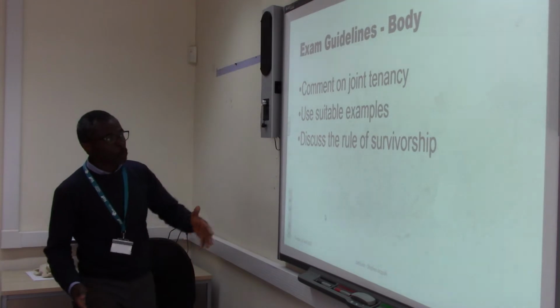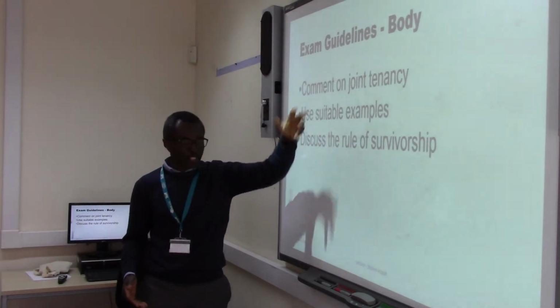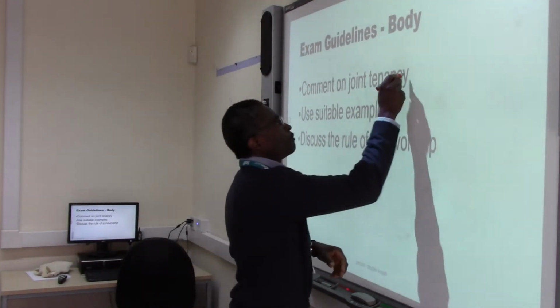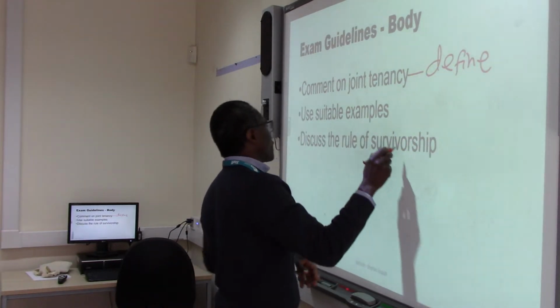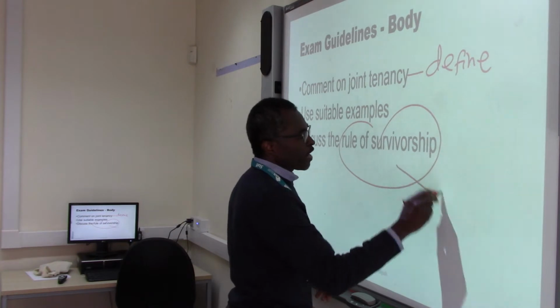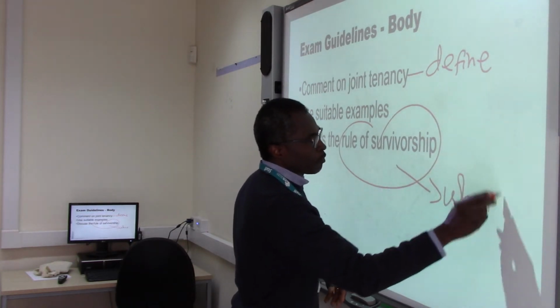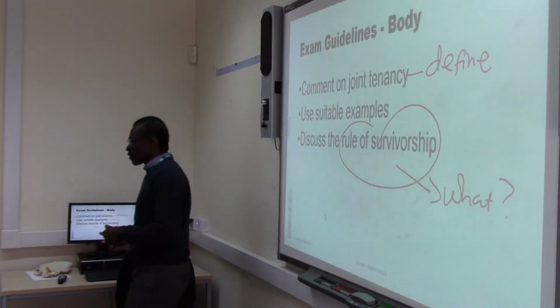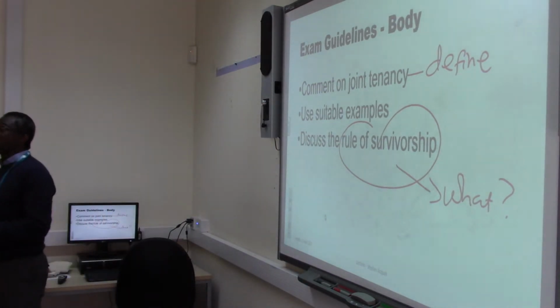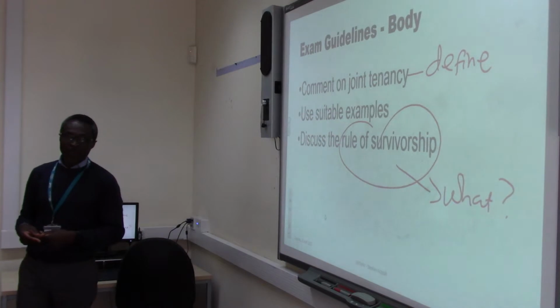Okay. So once you've commented on the definition, you then need to talk about the rule of survivorship. And don't forget, because it's a 1 hour exam, as long as you've written enough information, you don't have to write reams and reams.